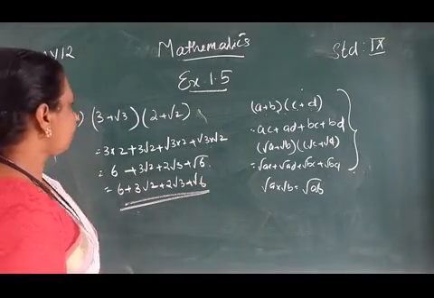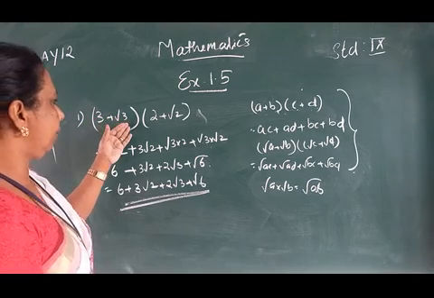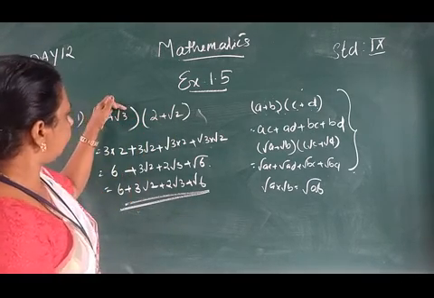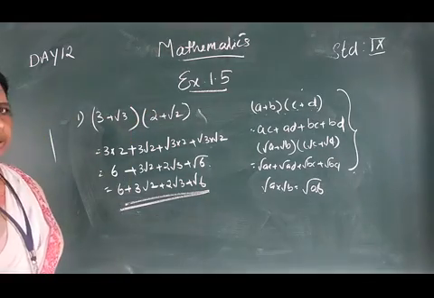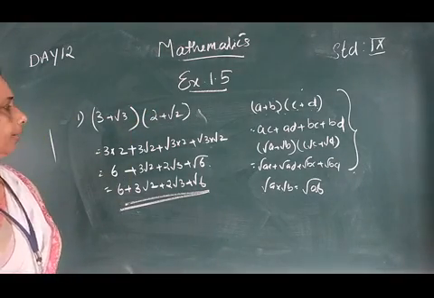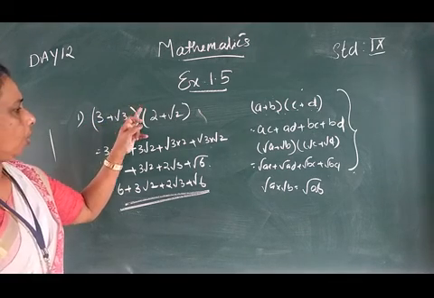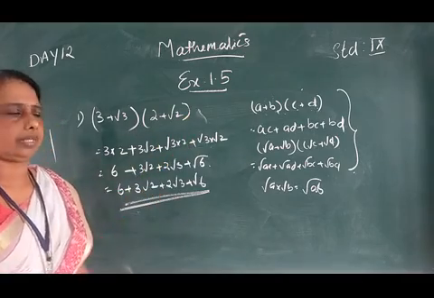A plus B into C plus D, all are different numbers, so use that. Or using the square roots, root A plus root B into root C plus root D, same expansion.